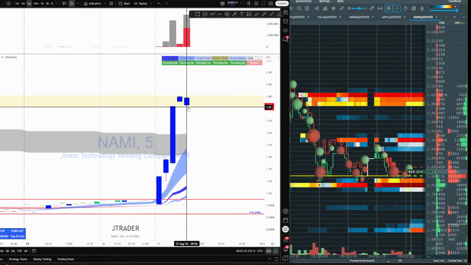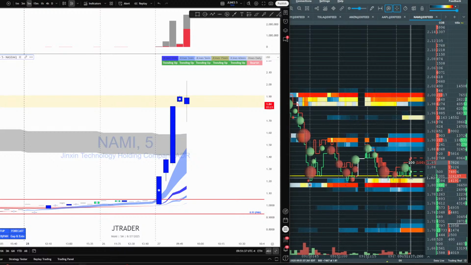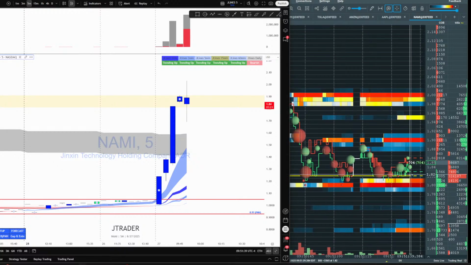You can see the halt level zone over here at 182, the point of control, and also look at huge heat map over here.